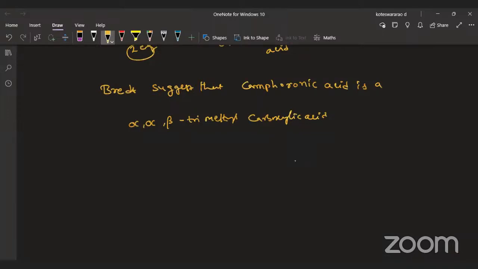Now, what is the structure from his suggestion? The structure of camphoronic acid is COOH, CH2, COOH, CH3, CH3, COOH.